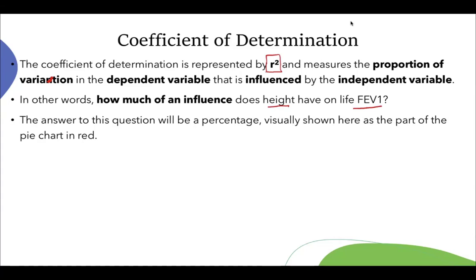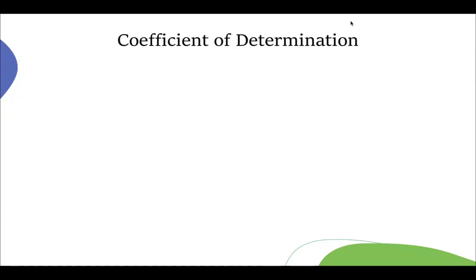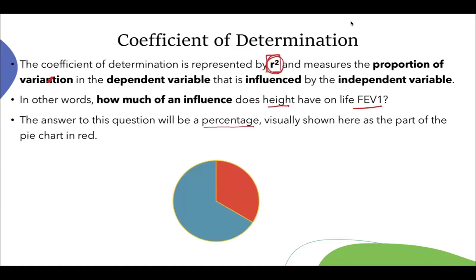So we are going to find R squared, and then we're going to convert it to a percentage by multiplying by 100. So for example, if you looked at this pie chart, you could see the part in red is a portion, a percentage of the whole. And when we calculate our coefficient of determination, it will be some percentage.